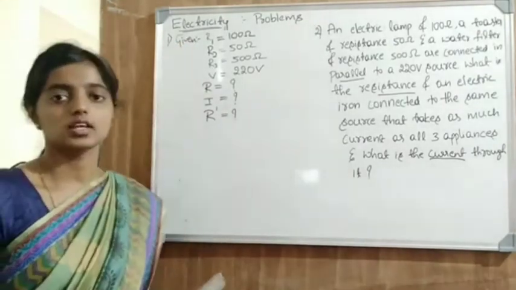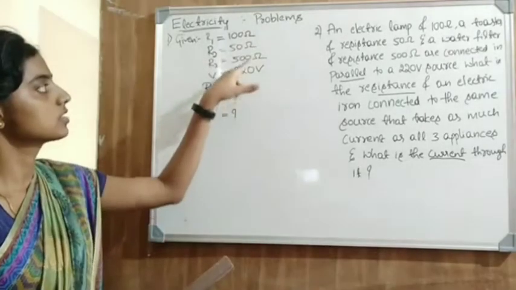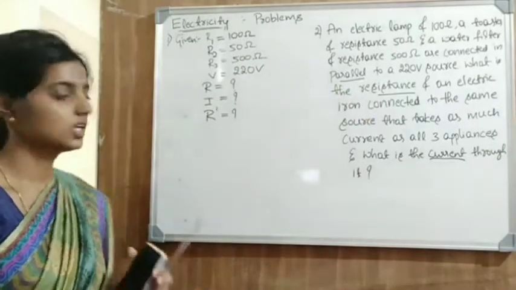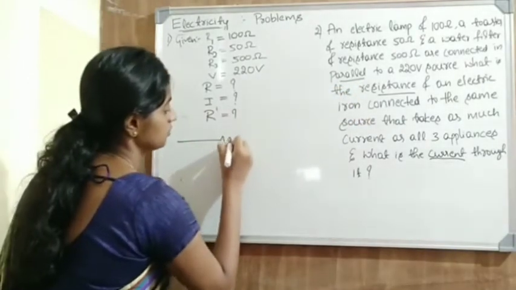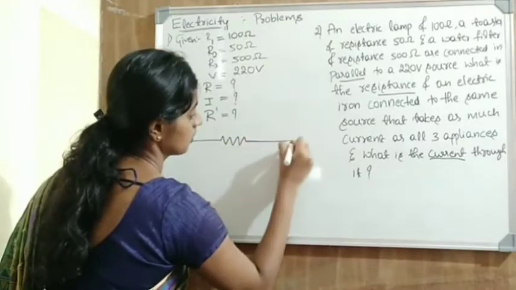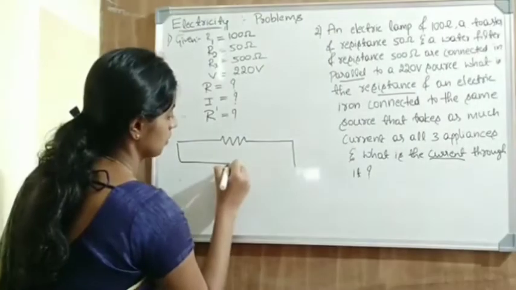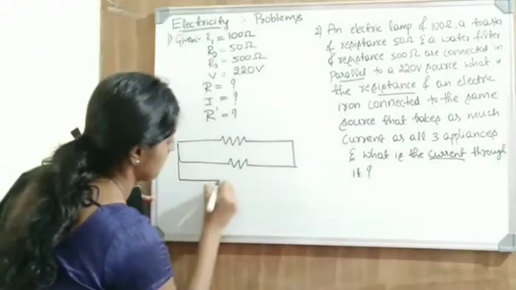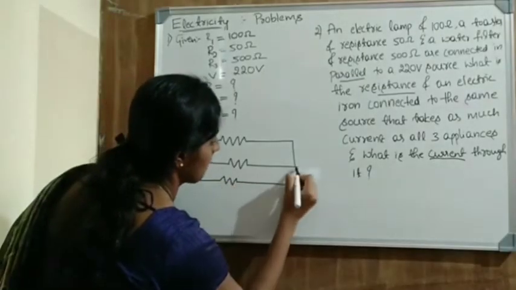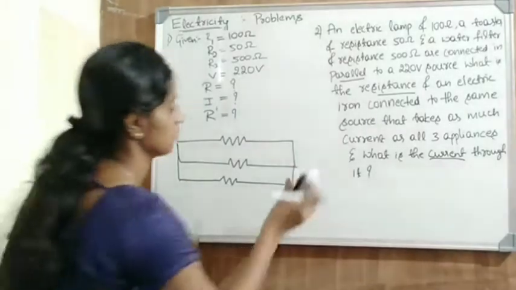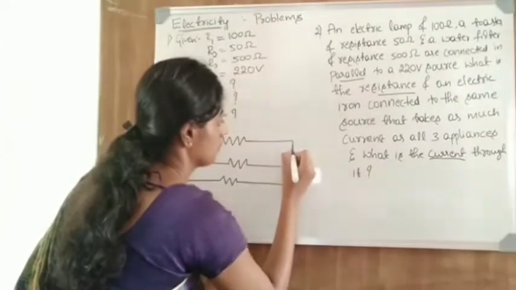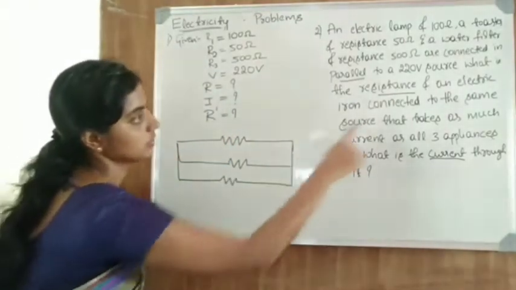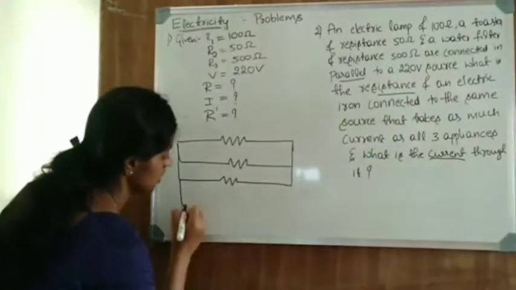Now let us draw a circuit diagram. We have resistors and one battery connected in parallel, right? So it is easy. Write the diagram. Write it properly. Next, what we have? A battery or a cell.